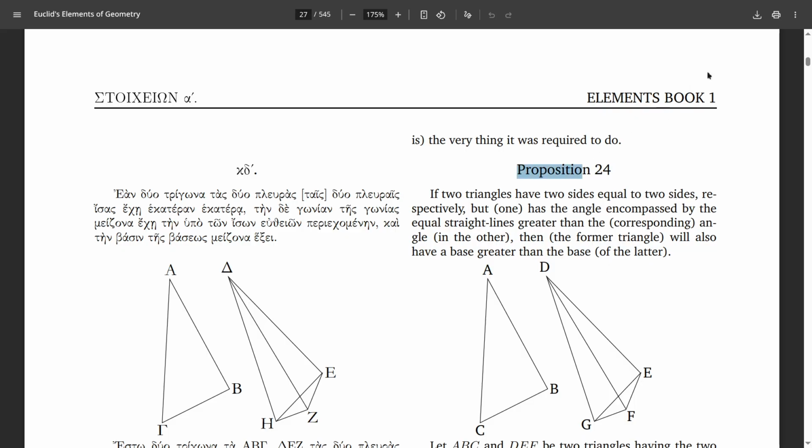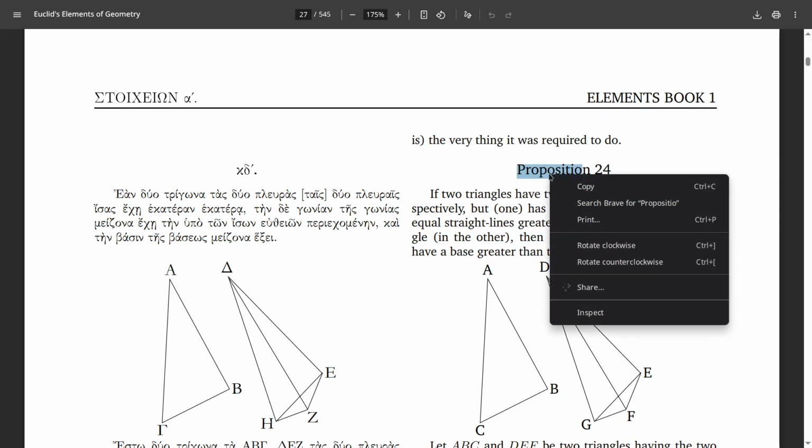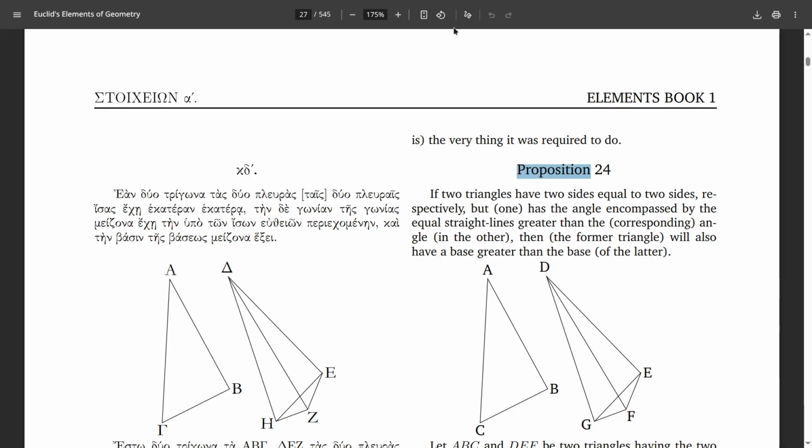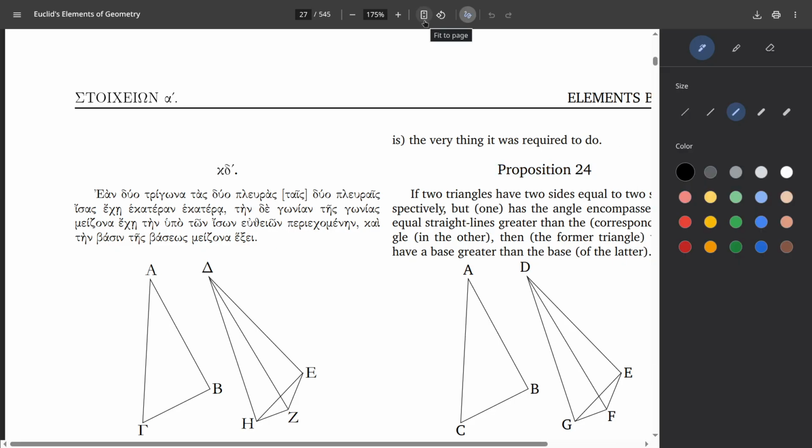I think that's a good bit. So I'm just gonna put some highlighter here. Never mind, right? Draw. Boom. Not what I wanted. Control Z. There we are.